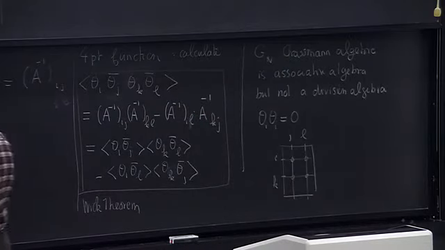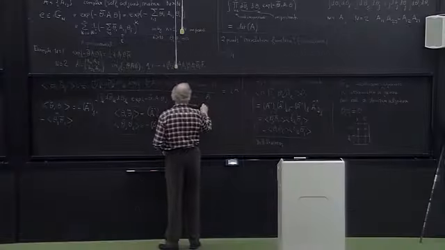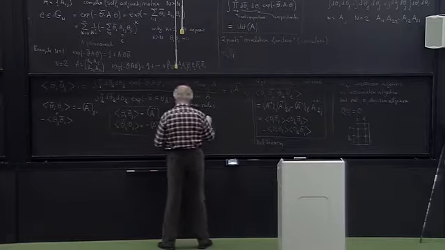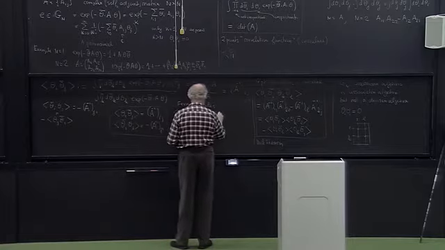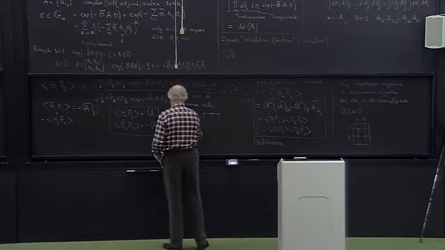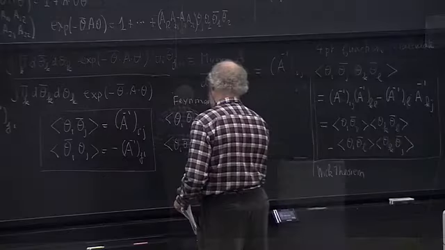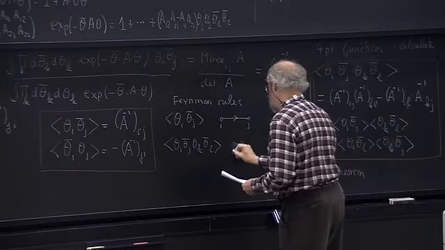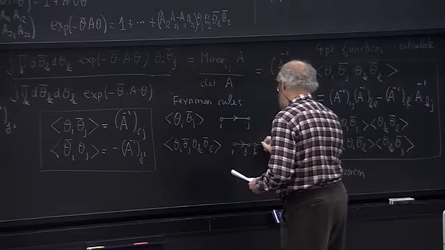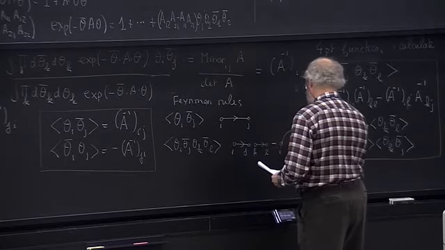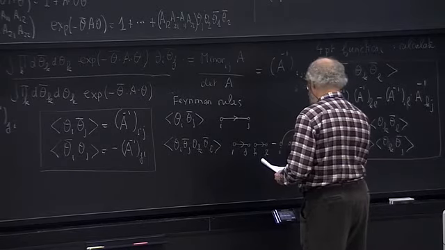So if I write, for instance, the Feynman rules for this, I write that theta I, theta bar G is just a line going from the index I to index G. Then you see that these products, theta I, theta bar G, theta K, theta bar L, this 4-point function, can be written as IG times KL minus IL times KG.